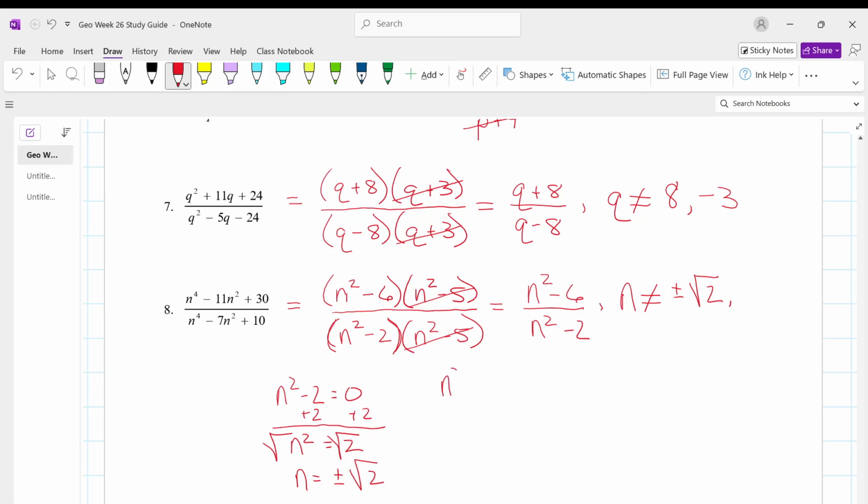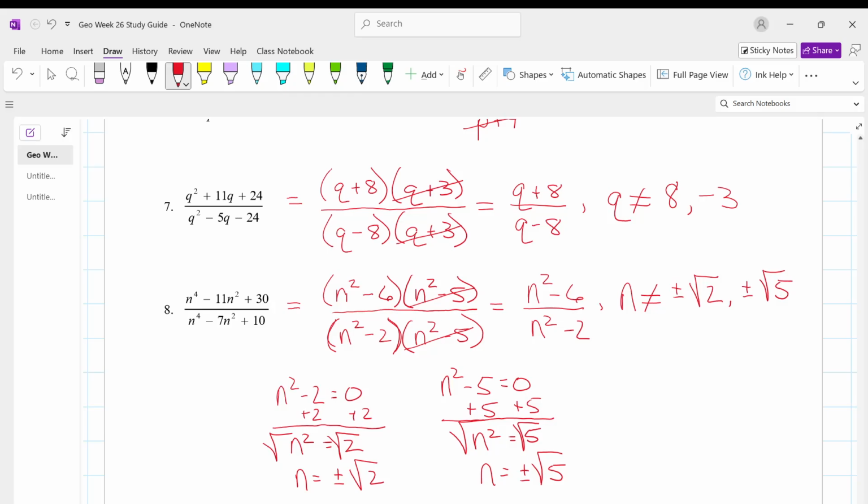If you take n squared minus 5, set it equal to 0, add 5 to each side, n squared would equal 5, and then you could take the square root of each side, and n would equal positive or negative radical 5. So that's your other restriction, positive or negative radical 5.